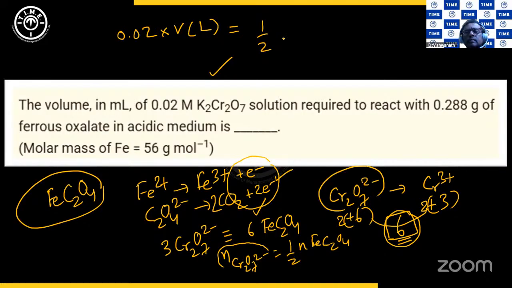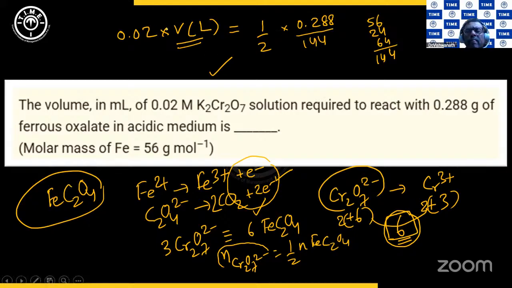Ferrous oxalate means 0.288 divided by Fe 56, 2 carbons 24, 4 oxygen 64, add up, this is 144. Clear? So from this we need to solve the value of V. This is anyhow going 2 times, so 2 and 2 will cancel out. So 2 into 50 is 1. So it is 50 ml.